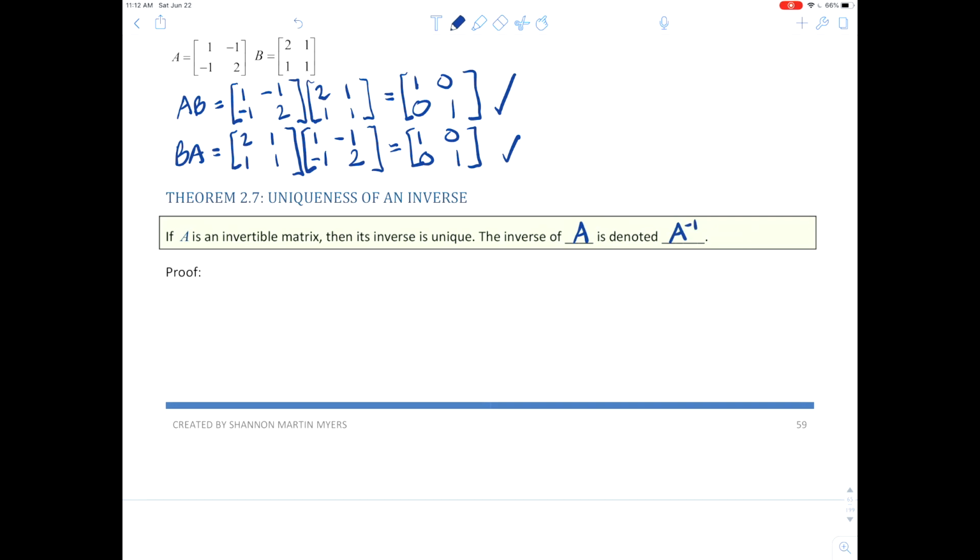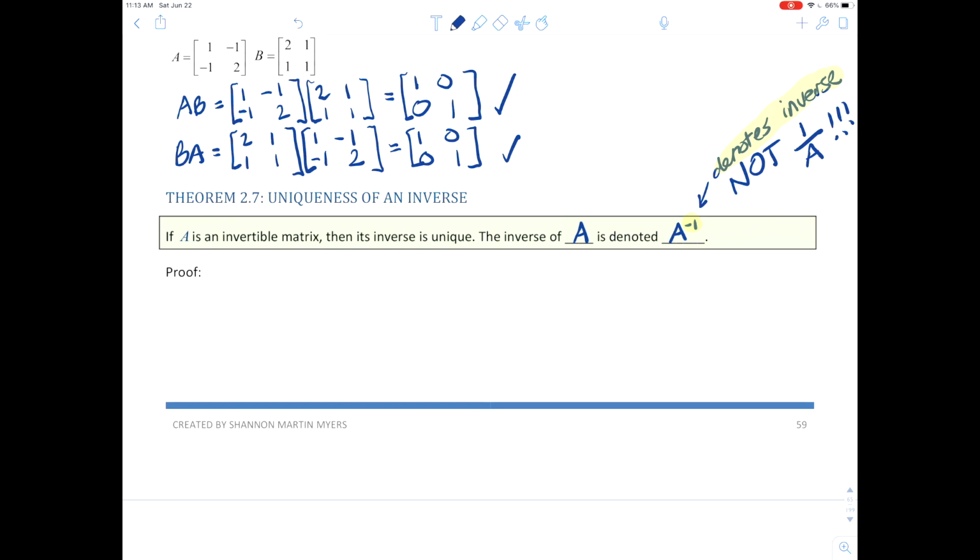So here that -1 power denotes inverse, not 1 over A. Groovy?